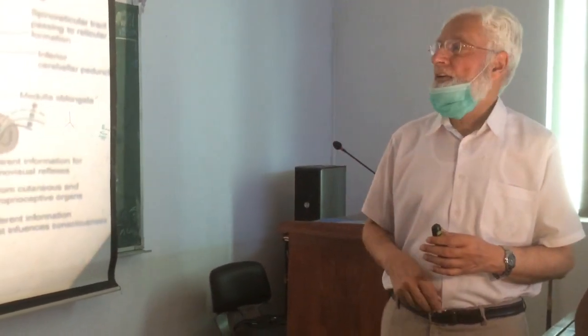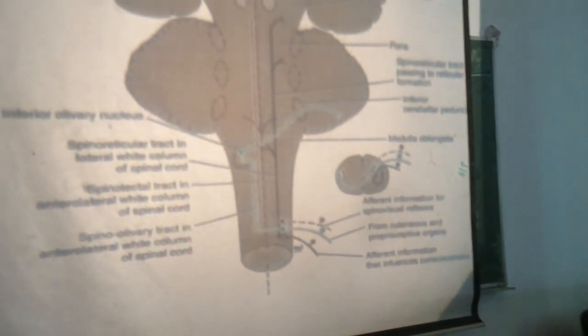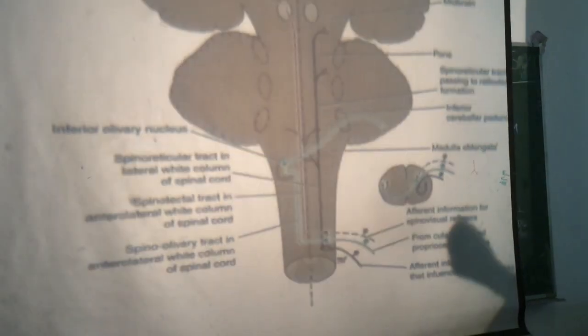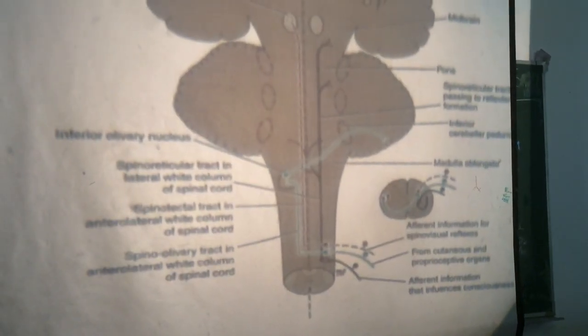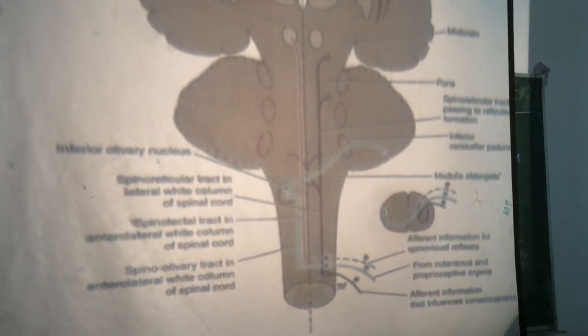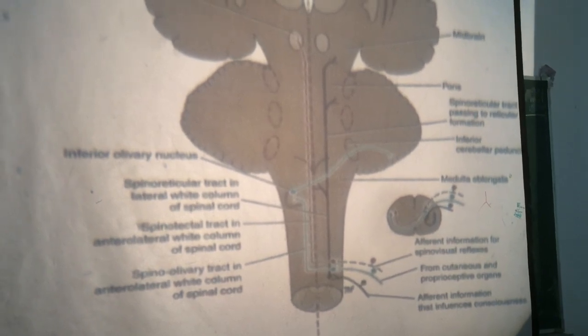The next sensory tract in this group is the visceral afferent pathways.